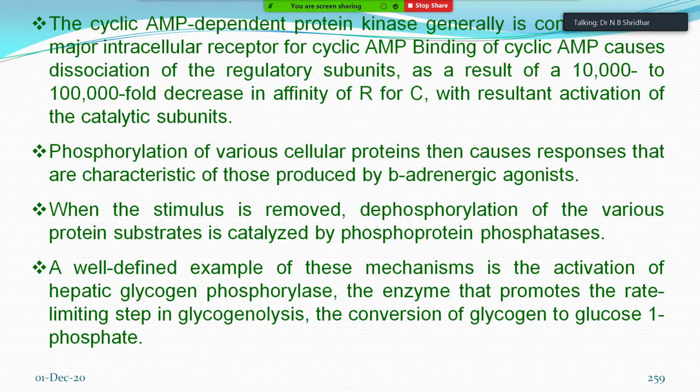This is an enzyme, hepatic glycogen phosphorylase, that promotes the rate limiting step in glycogenolysis, the conversion of glycogen to glucose 1 phosphate, and ultimately glucose is formed.